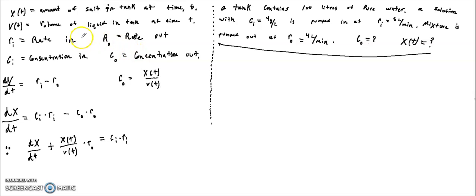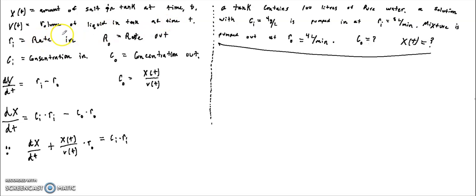Well, first, we're going to go over some variables and some basic equations that apply to a problem of this type. So first, x of t is just the overall amount of salt in the tank at time t.